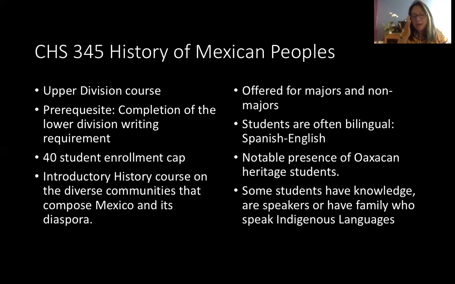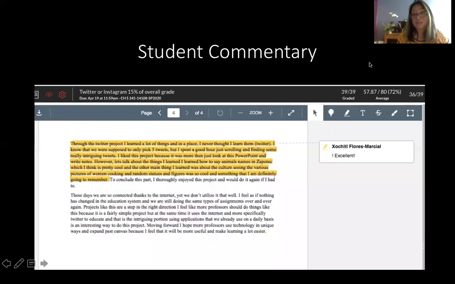The student population in this classroom is interesting because the students are often bilingual, Spanish and English, but in every single class that I've taught all these years, there has always been a notable presence of students of Oaxacan heritage, in addition to students that have either knowledge, or they have family, or they themselves might be speakers of an indigenous language.